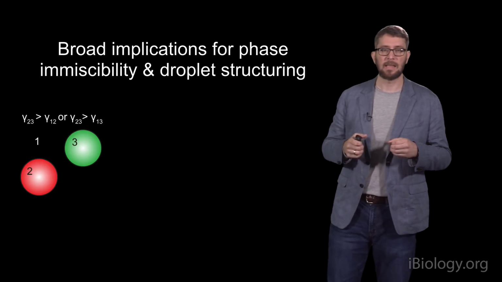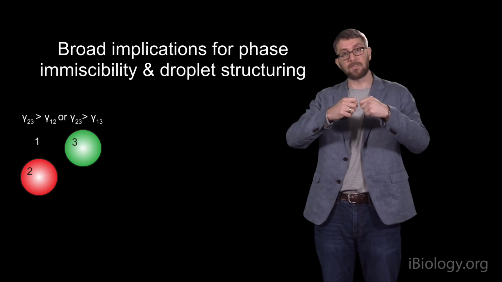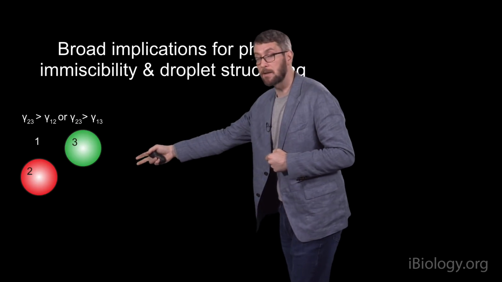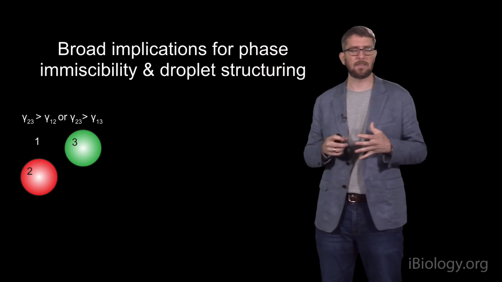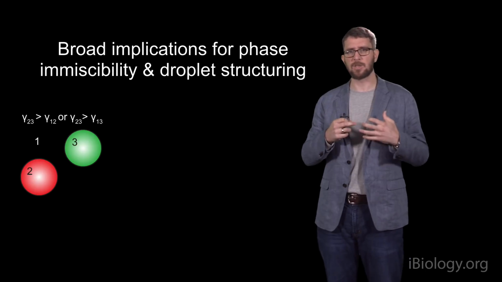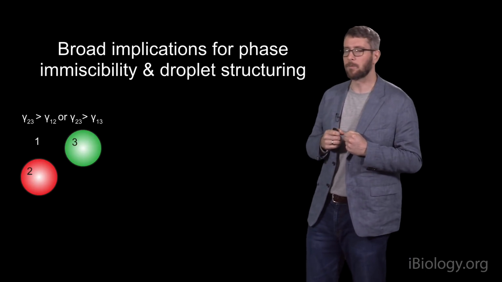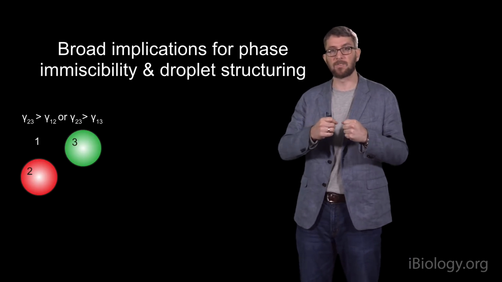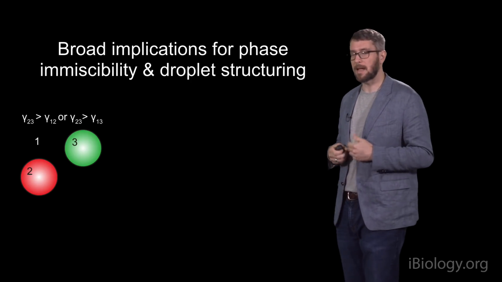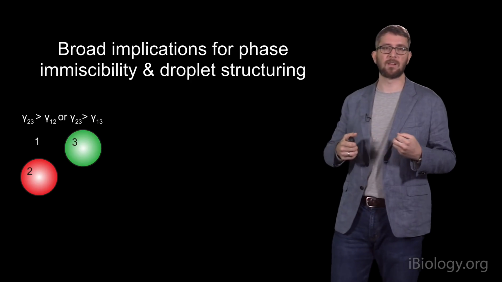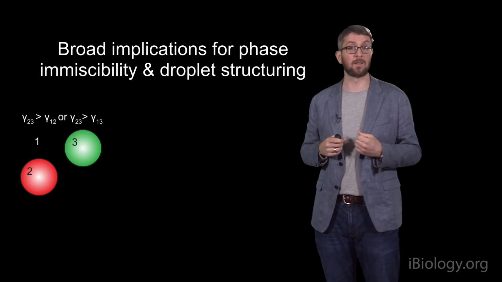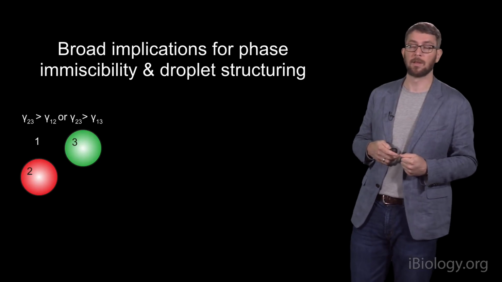In particular, if the interface and the surface tension between two different phases, let's say between phase 3 and phase 2, the red and green, is really energetically costly, in other words, anytime red is next to green there's a huge energy cost, then these two types of liquids just will never interact. They won't touch each other at all. And so that's probably why many of the condensates in cells actually don't interact at all. They're not sticking to one another, not wetting one another, not engulfing one another, and so forth.